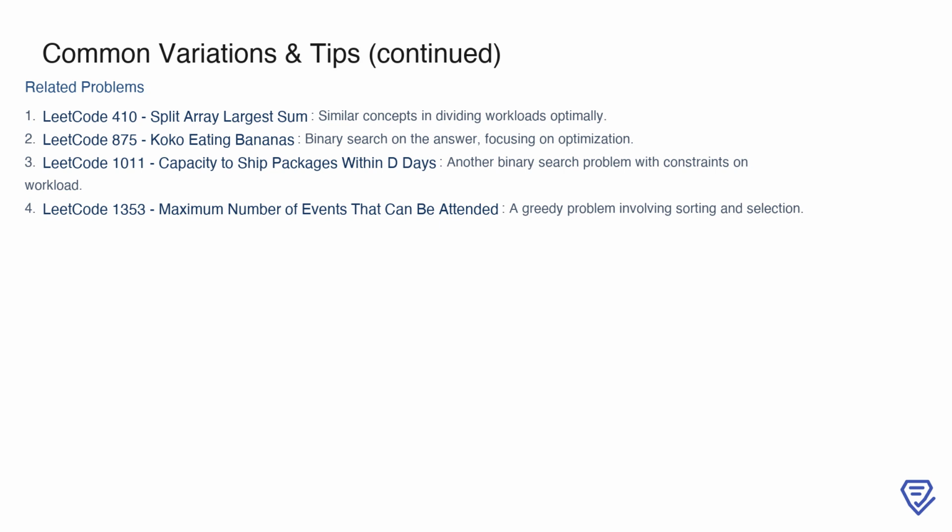Similarly, LeetCode 1011, Capacity to Ship Packages Within D Days, also uses binary search with constraints on workload distribution. Lastly, LeetCode 1353, Maximum Number of Events That Can Be Attended, is a classic greedy problem that relies on sorting and selection, offering another perspective on how to approach optimization challenges.